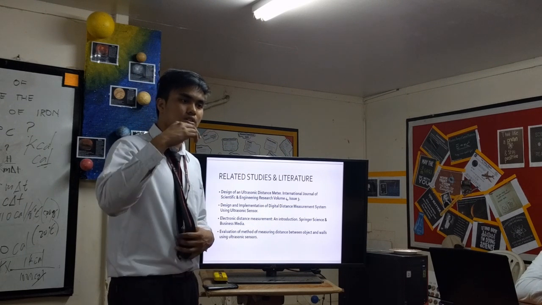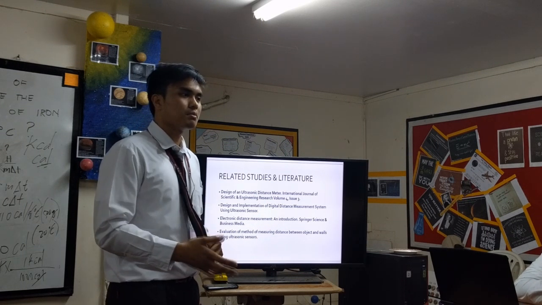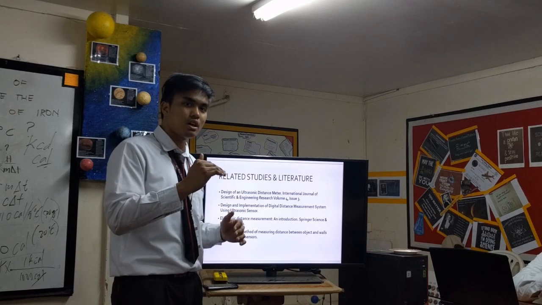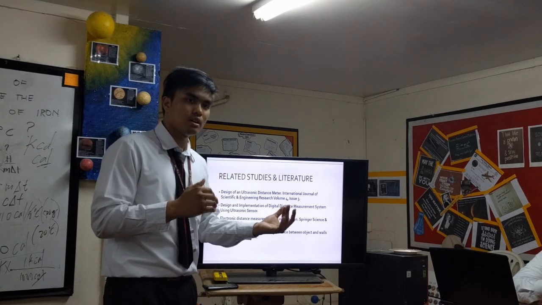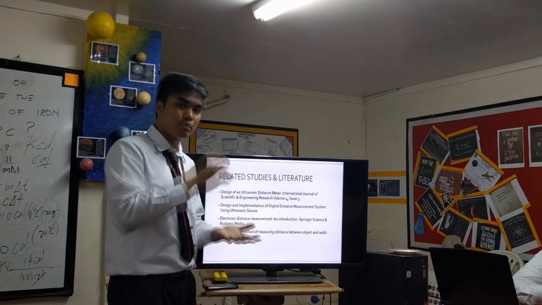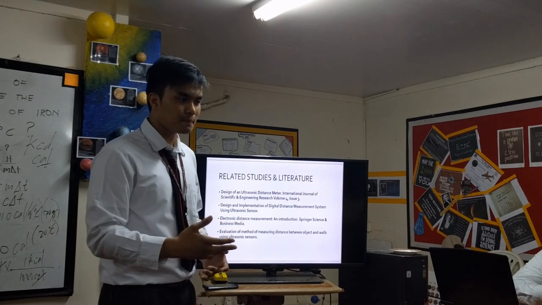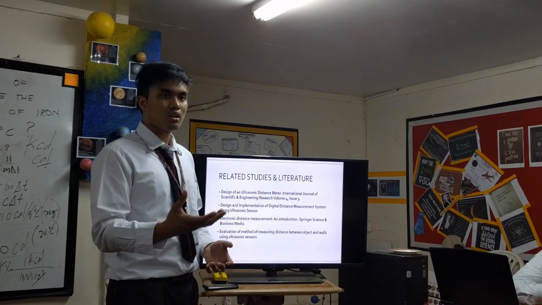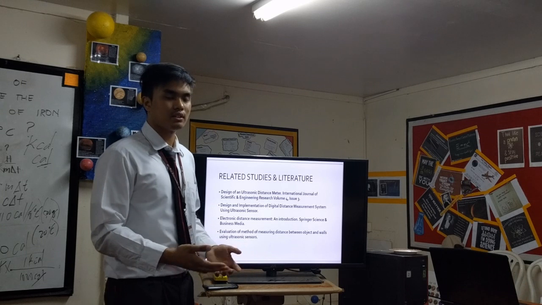Then this measures the so-called flight time between the transmission and the reception of the same pulse. Therefore, the distance can be calculated.